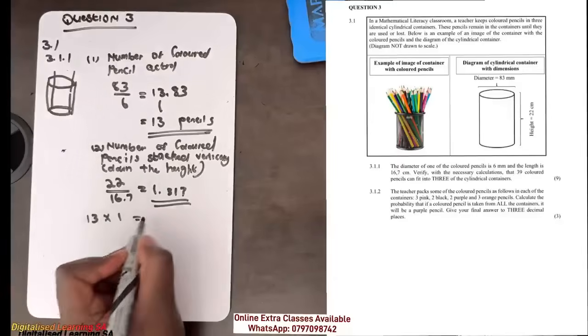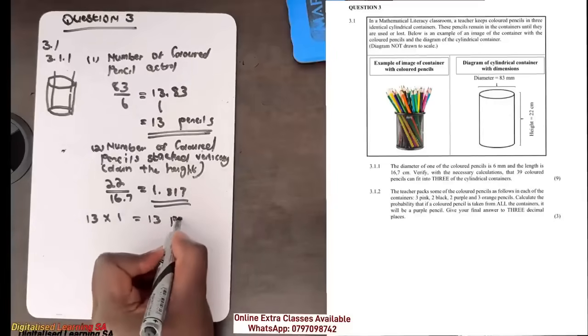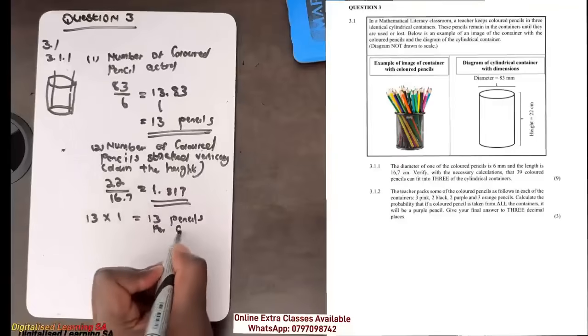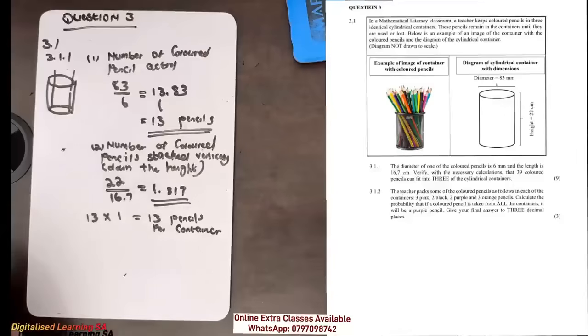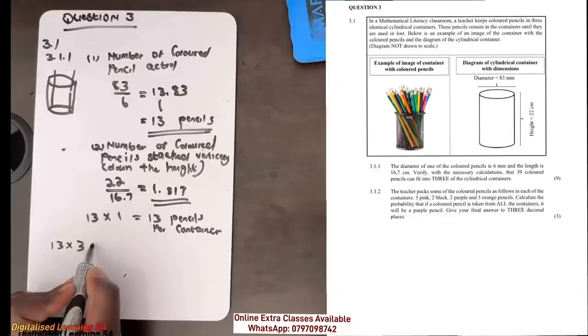So we know that we will have 13 pencils per container. And if we have 3 containers, it means that each container will have 13 pencils. So we'll just say 13 multiplied by 3 containers.